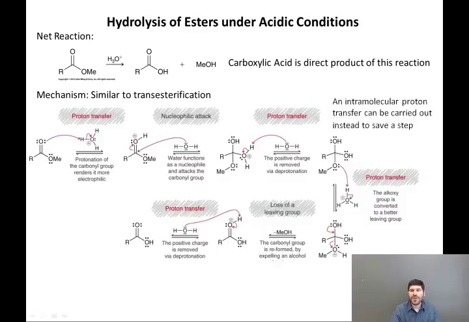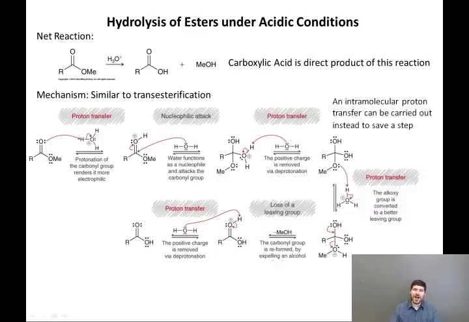So the only note that I wanted to add to this, as I said as I was going along, is that instead of 2 intermolecular proton transfers to and from the solvent, you could have written this in 5 steps using an intramolecular proton transfer from the oxygen with 2 hydrogens to the OCH3.